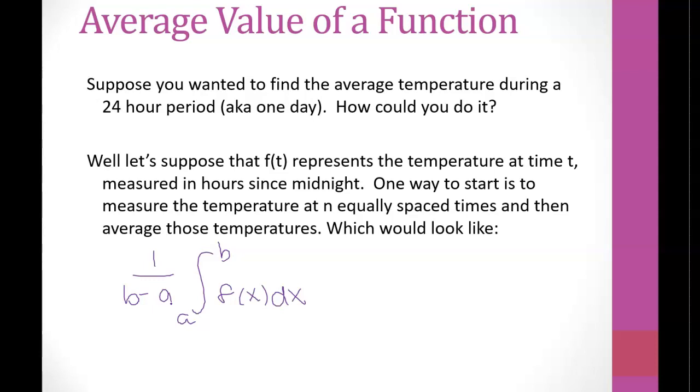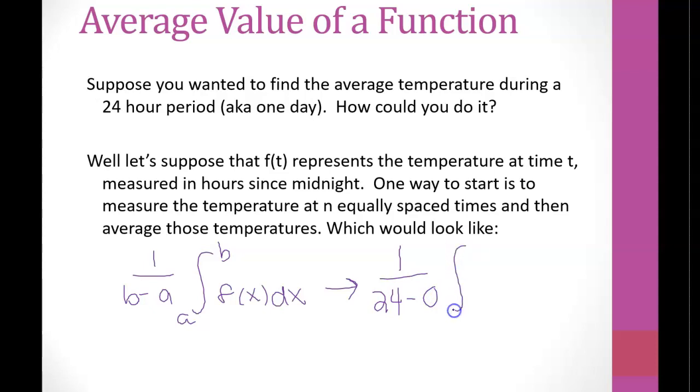So you would look at all of those, and then to find the average, we would say, okay, we took the time for 24 hours. We started at midnight, or time 0. So that means we had 24 hours worth of time.